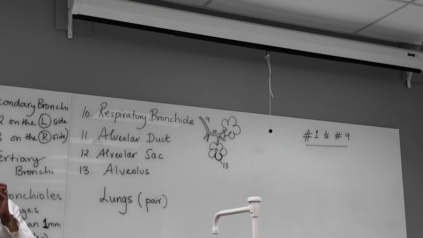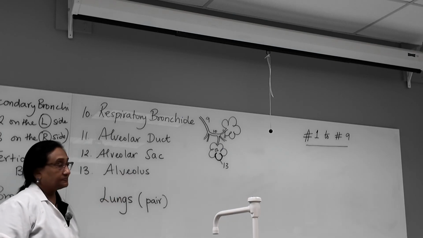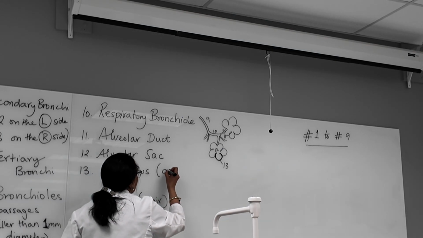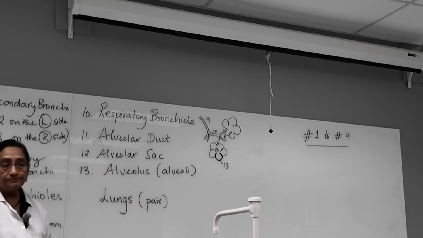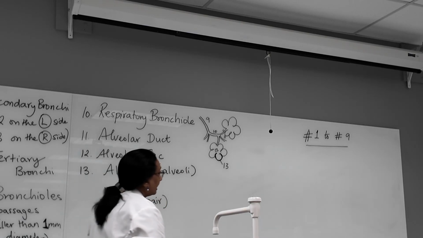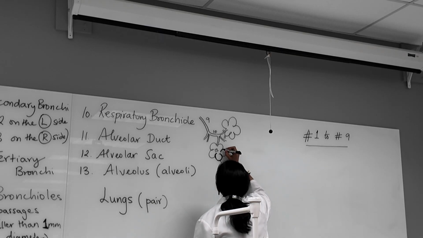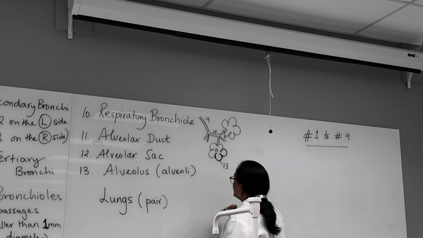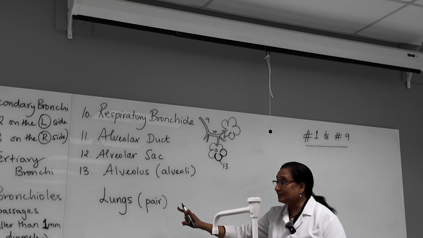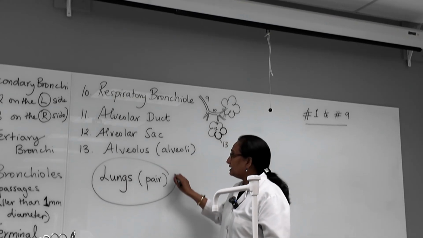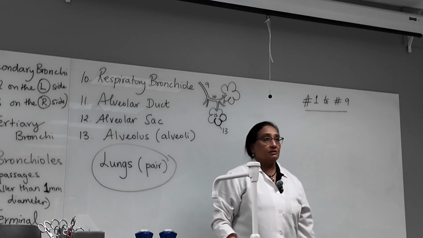Alveolus is nothing but the air sac. This is the final thing. Alveolus is singular. Alveoli is plural. Many. So each one of them is called an alveolus. So if you take your lungs, your lungs is actually 10 to 13.